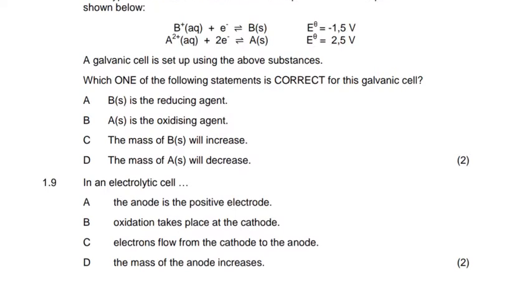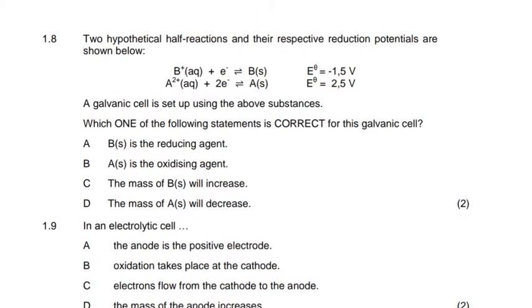Now on to November 2019. We have 1.8. Two hypothetical half reactions and their respective reduction potentials are shown below. The nice thing about this one is that the standard cell potentials are given right on the side. They said it is hypothetical, so you could not go to your table to find these ones.